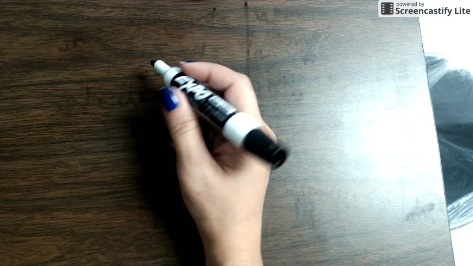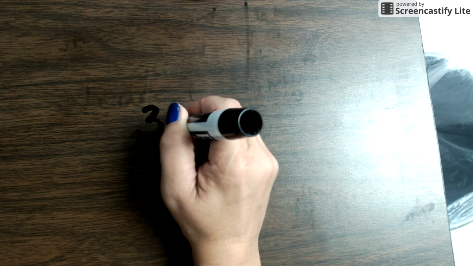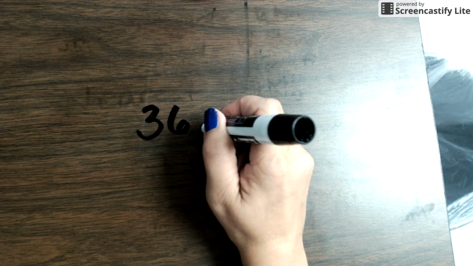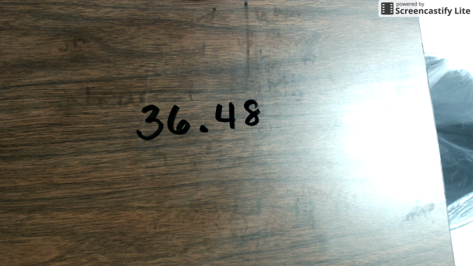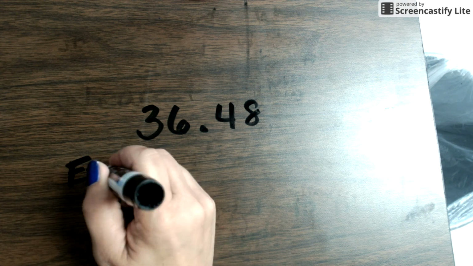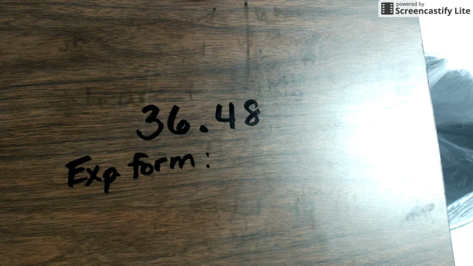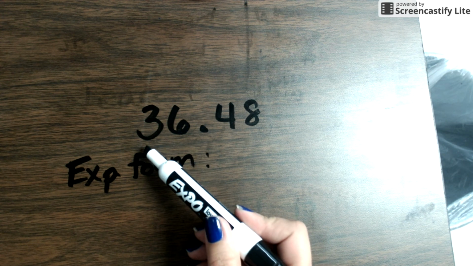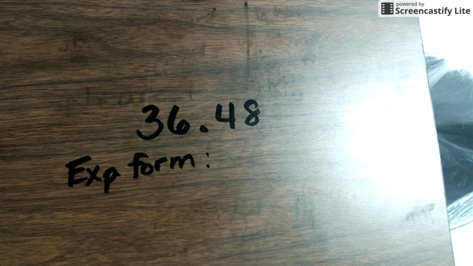So for example, let's say I gave you the decimal 36 and 48 hundredths, and I wanted to write that in expanded form. Expanded form means that we are going to take the value of each digit based on the position that it's in and add up those values.